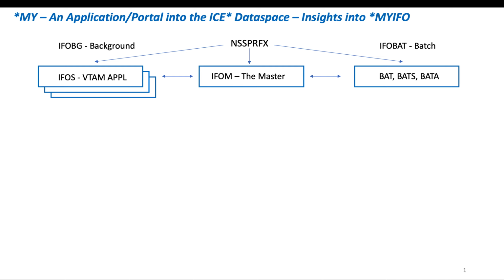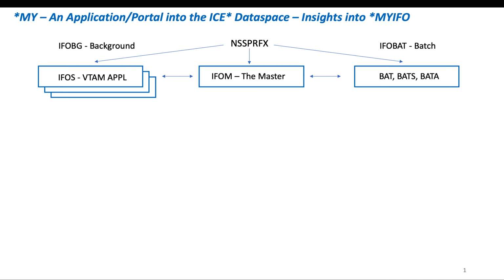For those of you that would prefer to run the image focus inspection process in batch, we offer batch programs as well, and they come in several different forms. We call them MYIFO BAT or IceBAT, IceBAT-S, and IceBAT-A.